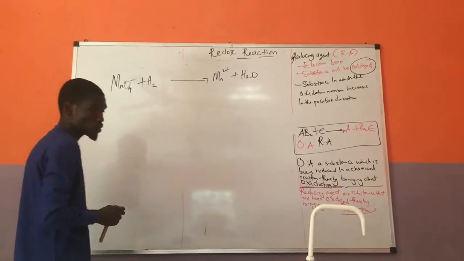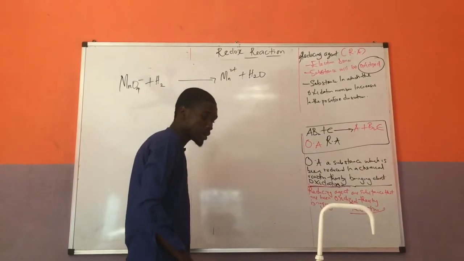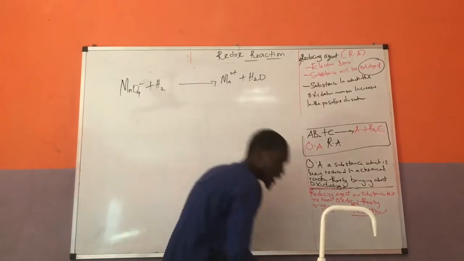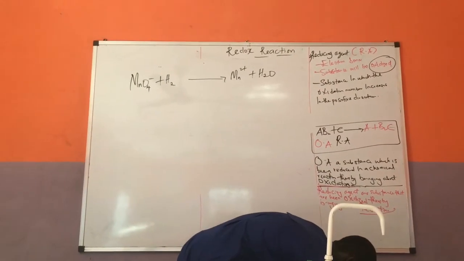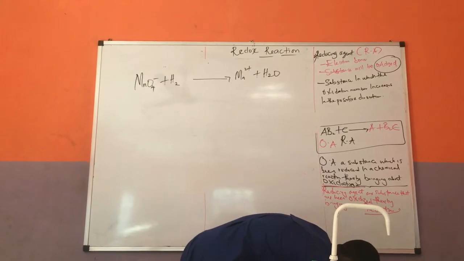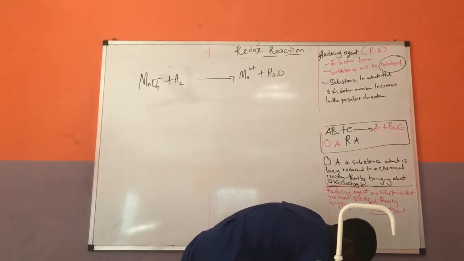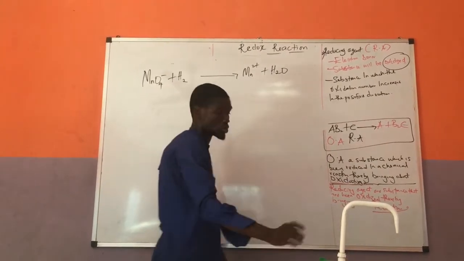I see this now. So with this example now, we can decide to play with some JAMB question which will serve as a guide to us.